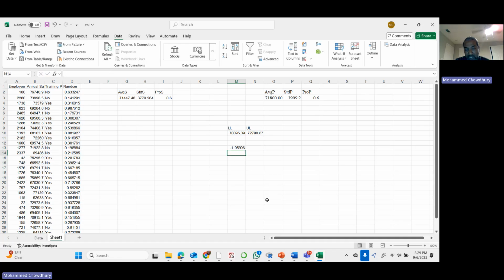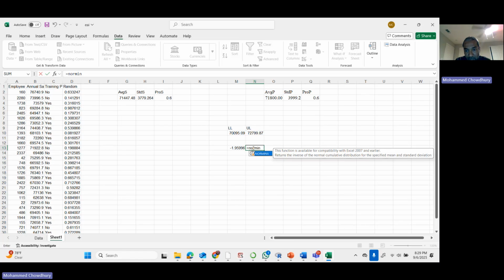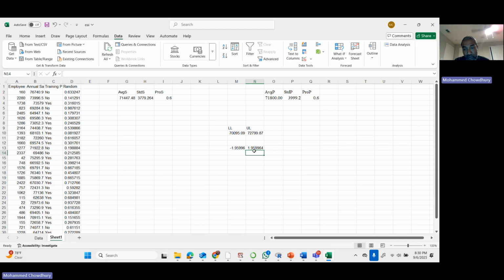Now how can I get the positive one? In order to get the positive one, you write NORM.INV and then 0.975, and then 0, comma, 1. In that way you will get your value, positive 1.96 and negative 1.96.